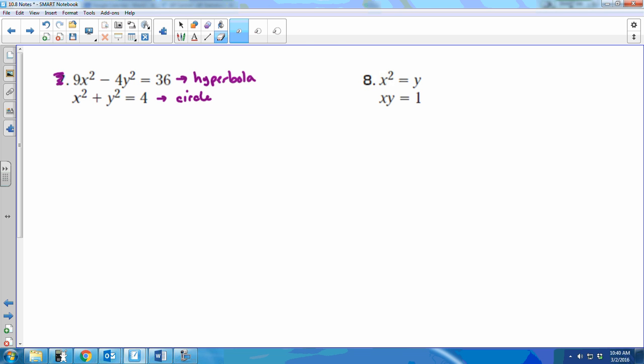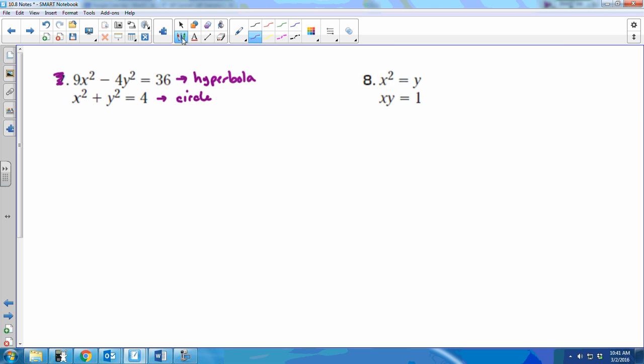If you're doing elimination, remember you have to have two terms somewhere that match so you could add or subtract them and make that term go away. Currently you couldn't do that because there's not a 9x squared or a 4y squared in both. So I need to multiply the second equation in order to eliminate.